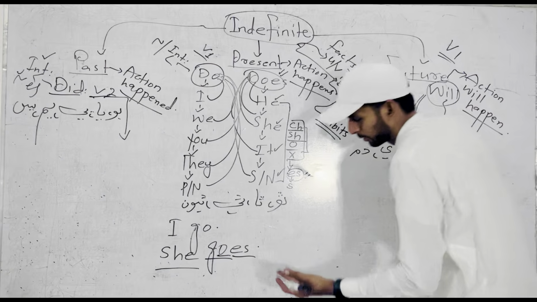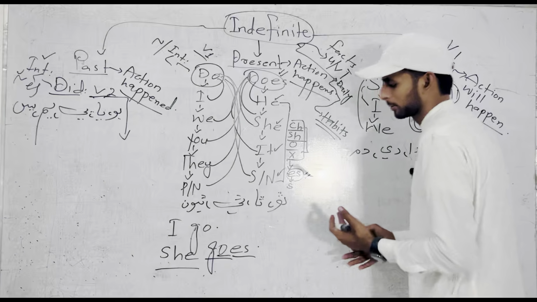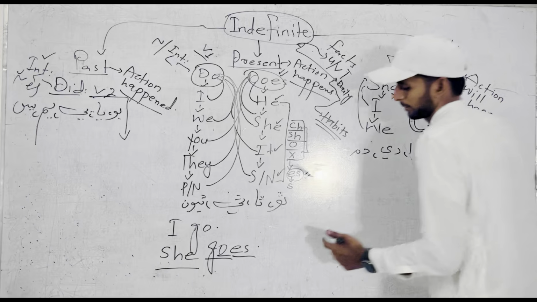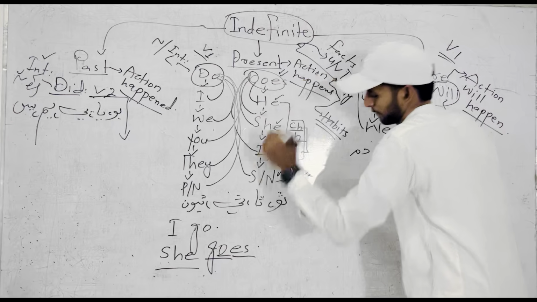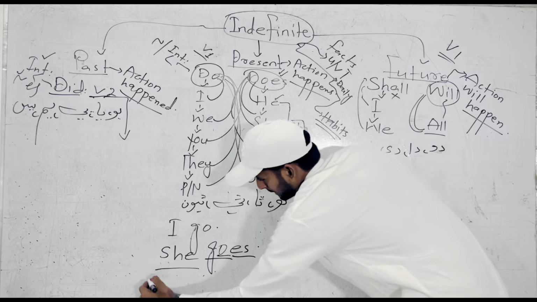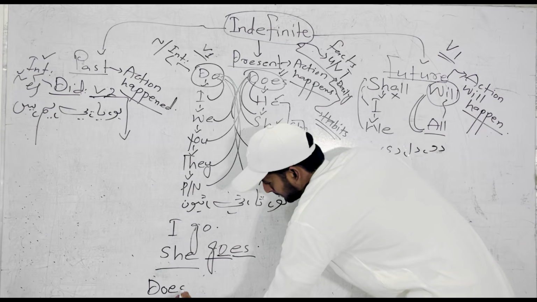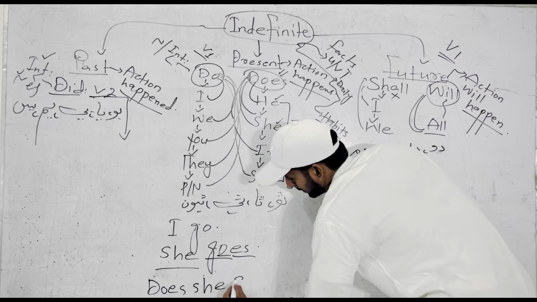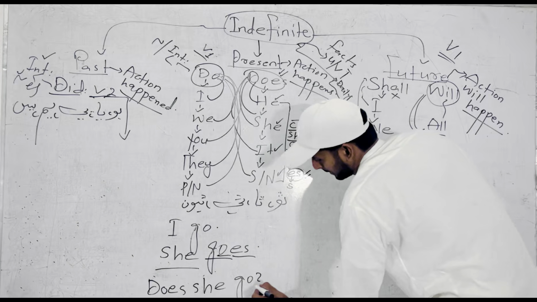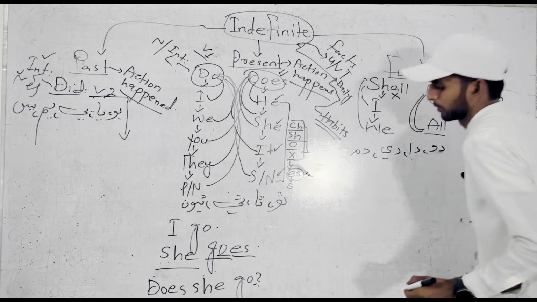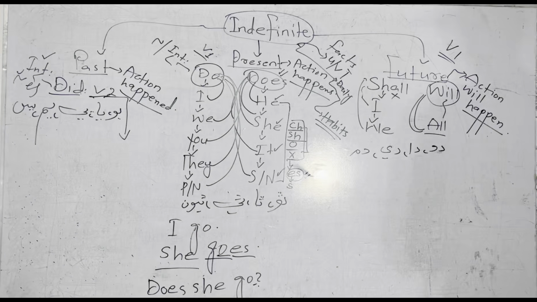But when we make it interrogative or negative, that time es is removed, because then we will use what? Does. Example: does she go? Now here we have removed what? Es from here, from go.